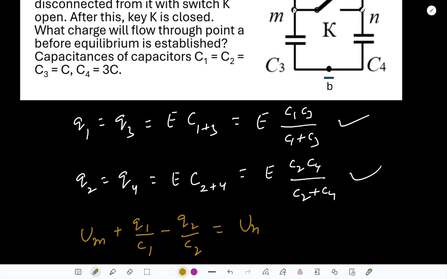And I can write the potential difference now. U_M minus U_N, I can get the results.